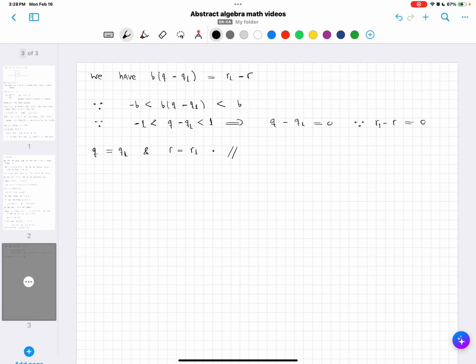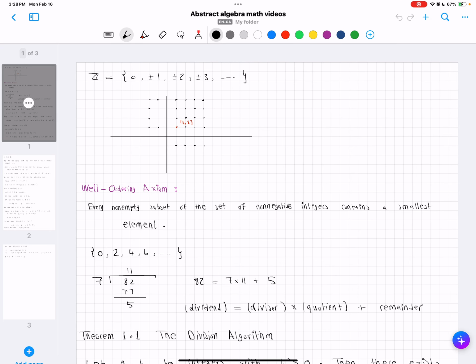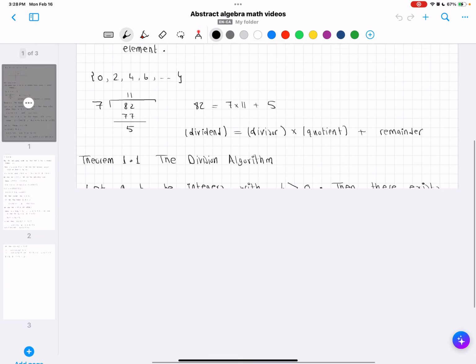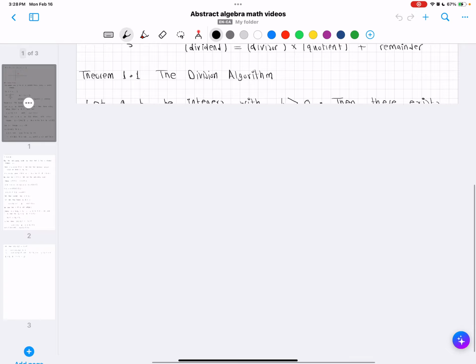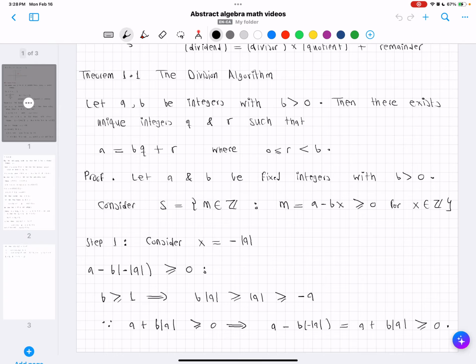So as I've explained, the main idea rests on the fact that we can always go to the left of Z by decrementing by 1. So the well-ordering axiom is very useful in regards to the proof that we've established here.